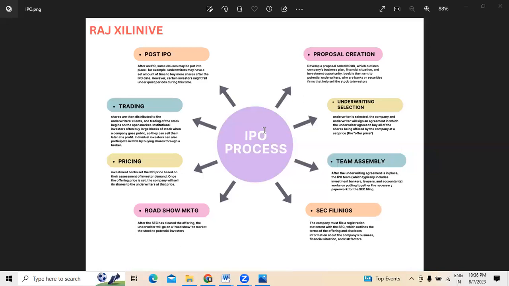Now, if any organization wants to go for an IPO, there are some procedures we follow. Let me explain the procedure, then I'll explain the detailed part of it. The first one is proposal creation. Next, underwriting is the second, followed by team assembly.